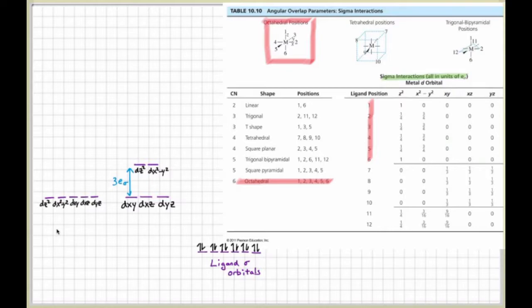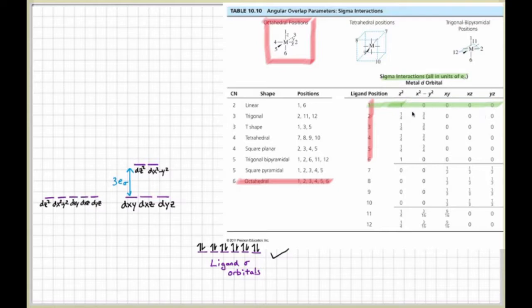Now, to calculate the degree of stabilization of the ligand orbitals, here we go across the table. So for instance, at ligand position 1, that ligand orbital will be stabilized by the dz squared by 1 unit, and by the other orbitals not at all, okay, 0.